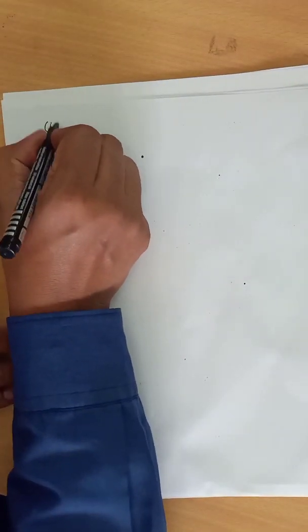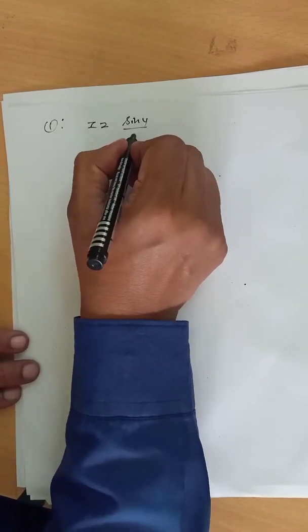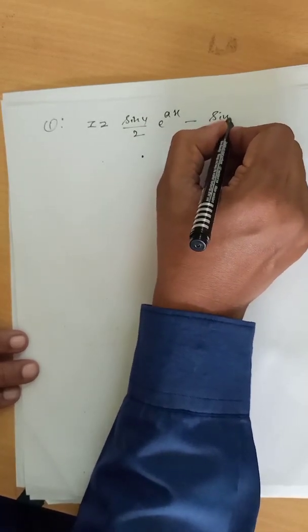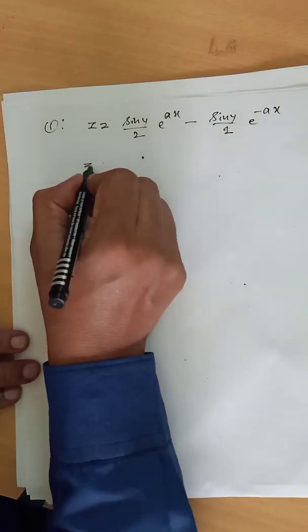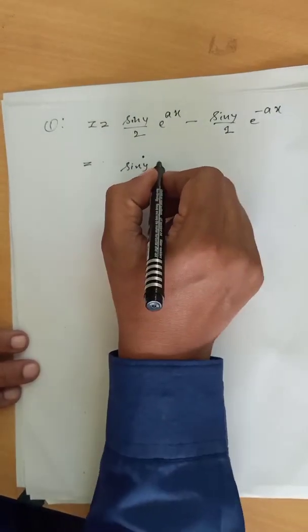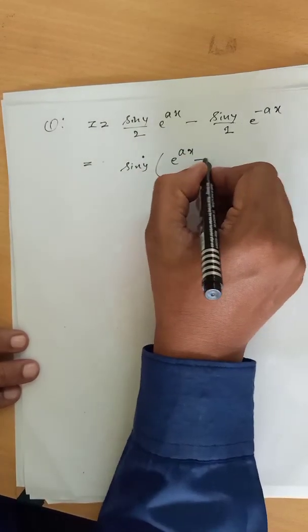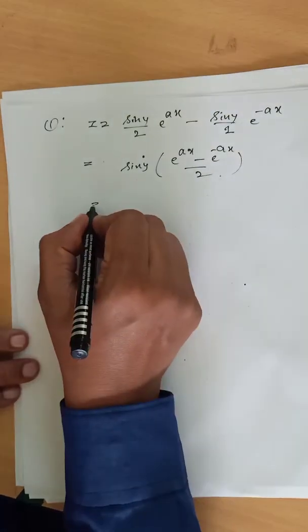That is z = (sin y / 2) e^(ax) − (sin y / 2) e^(−ax), or sin y (e^(ax) − e^(−ax))/2.